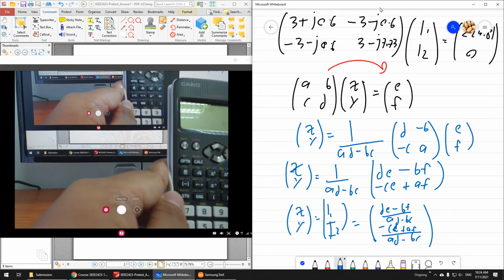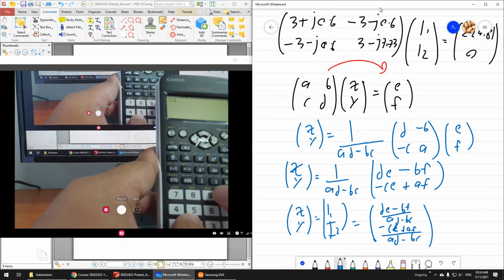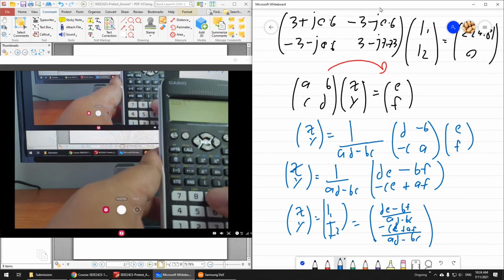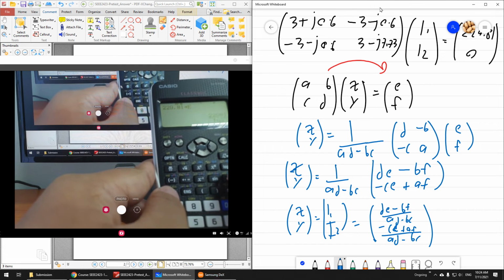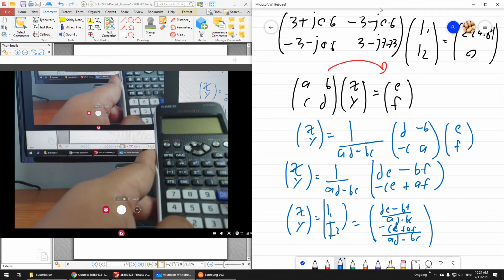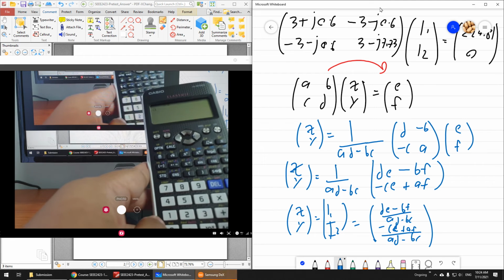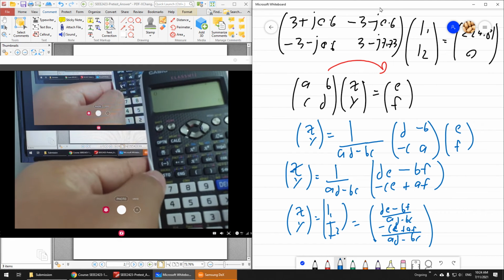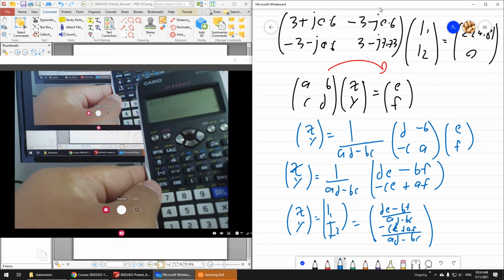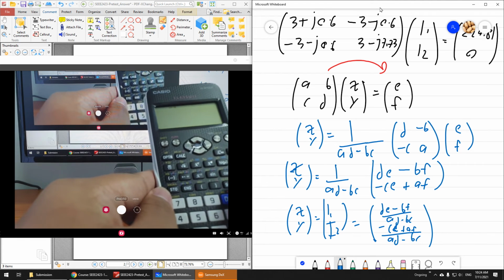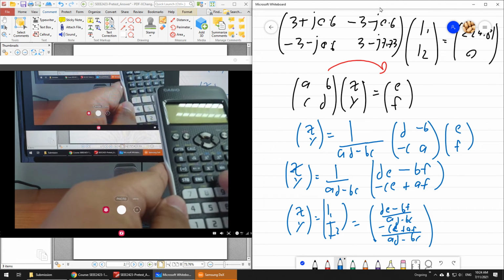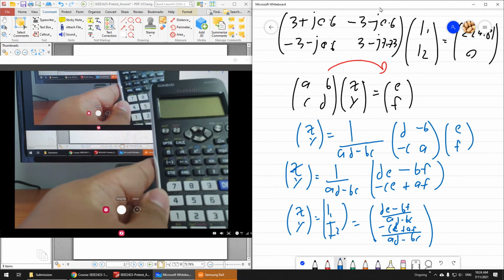And 229.81 you store in E. And 0, you press store and go to F. So all the values are already stored, and now you just press the calculator, open bracket, and use the last formula here.